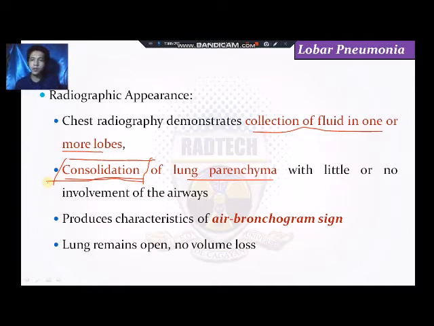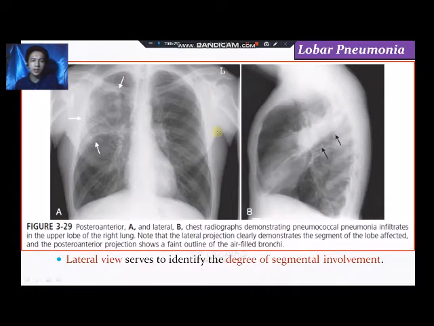Consolidation refers to the white, radiopaque appearance within our radiograph. If it was black and then becomes whitish, that is called consolidation. Consolidation of the lung parenchyma with little or no involvement of the airways produces a characteristic air bronchogram sign. The lung remains open with no volume loss.